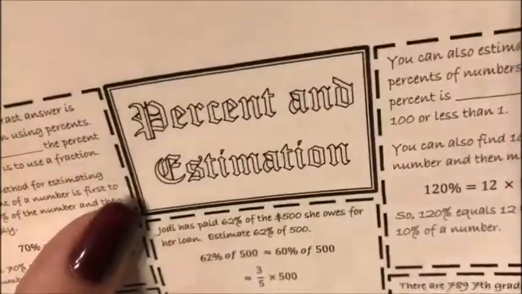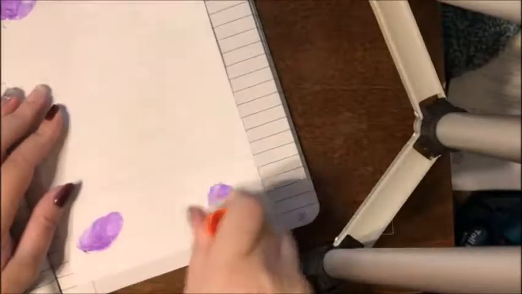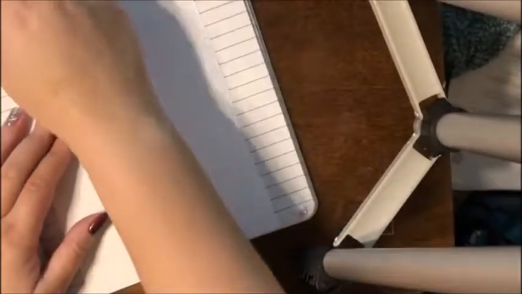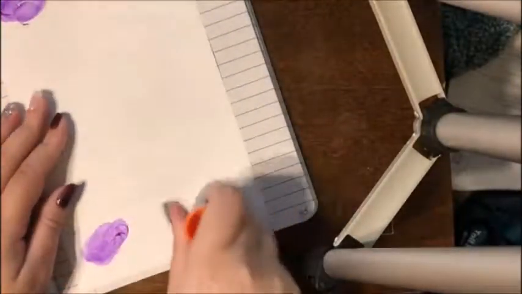You're going to leave 29 blank. On 30, you're going to put the one that says percent and estimation. You're going to leave 31 blank. On 32, you're going to put the one that says the percent proportion.